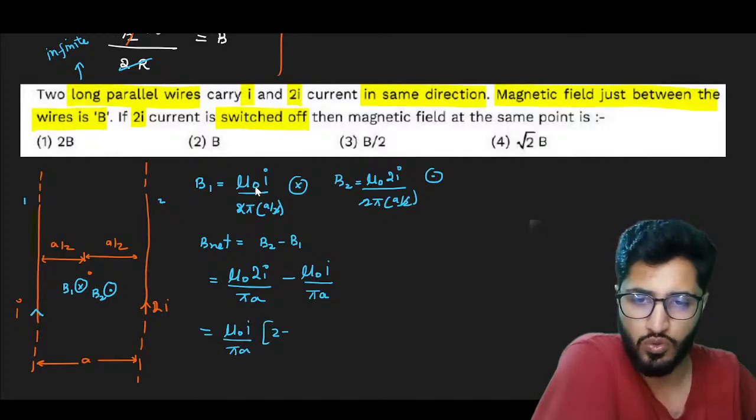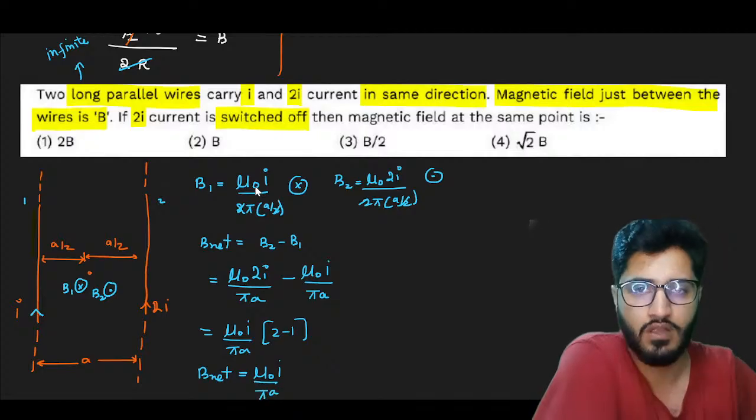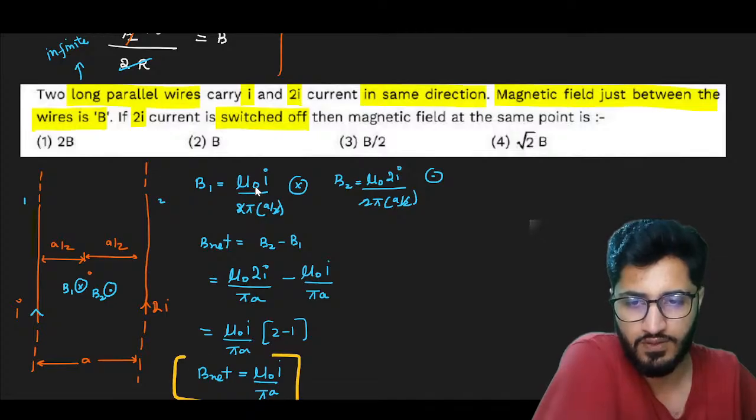We are left with 2 minus 1, that is 1. So my B net in the first case came out to be mu naught I divided by pi A. Done? It is the first case.